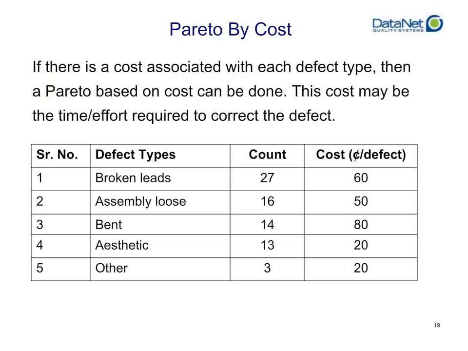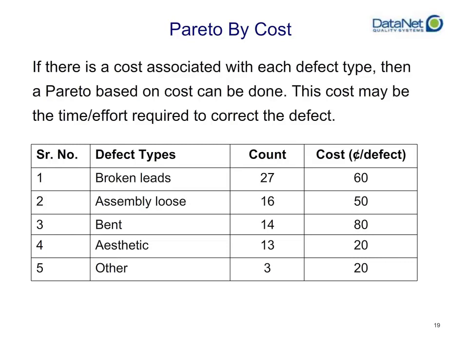So if you do have a cost that can be associated with your different defect types, either in terms of money or man hours, you can construct a Pareto chart that is sorted by cost.